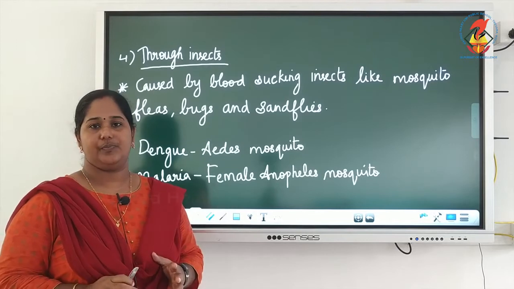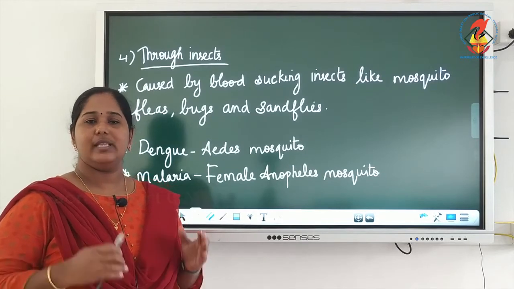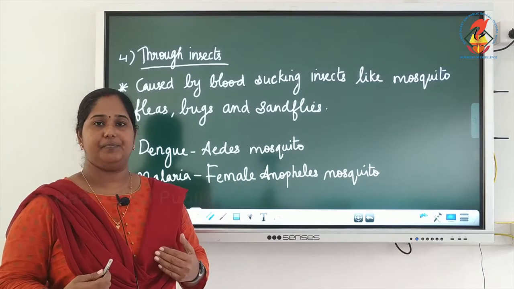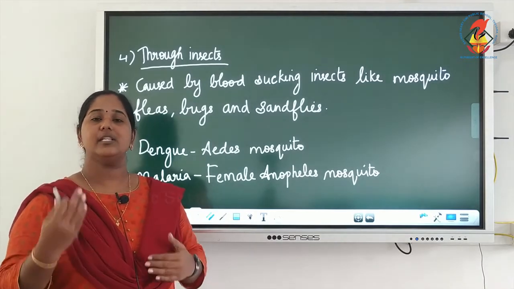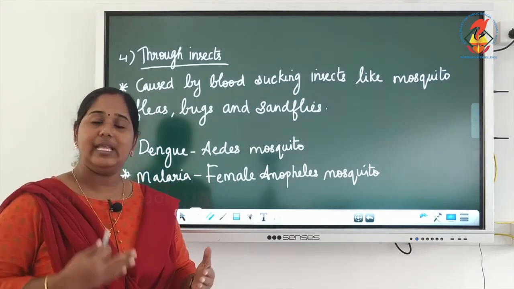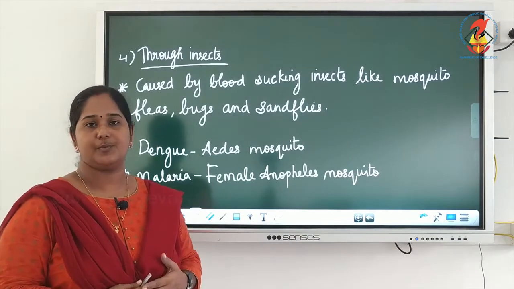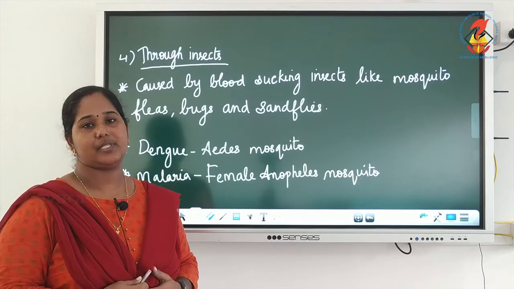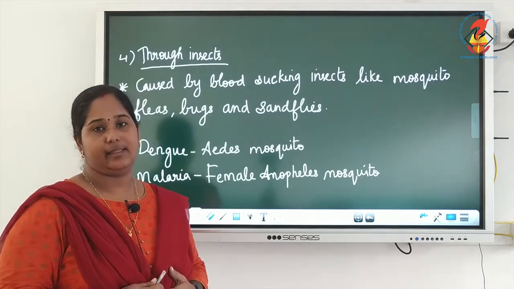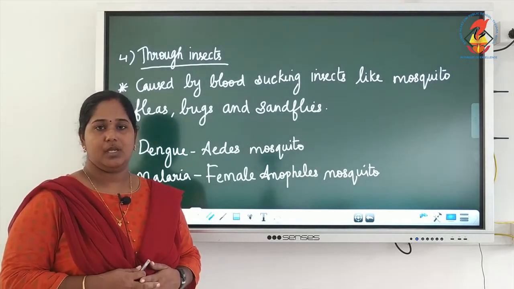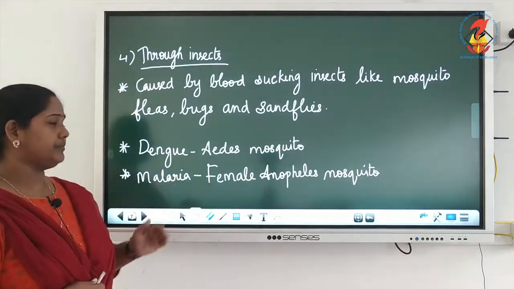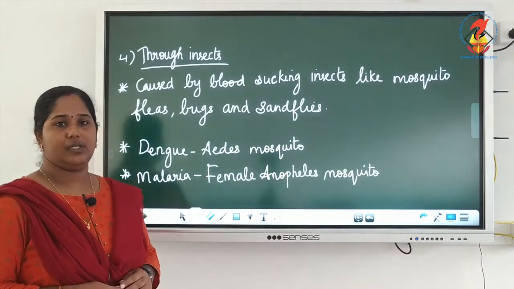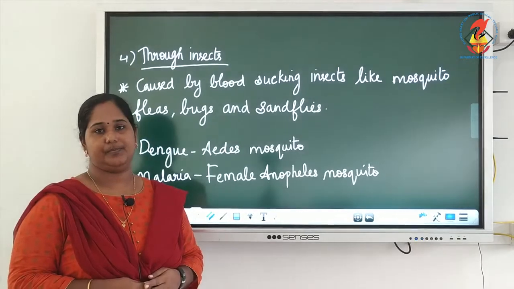These mosquitoes or flies suck the blood from the infected person, and when they sit on a healthy person's body, they inject that blood into the healthy person's body, and that germ is transferred, thereby infecting that healthy person also. We have two examples here. Dengue fever has killed many people.